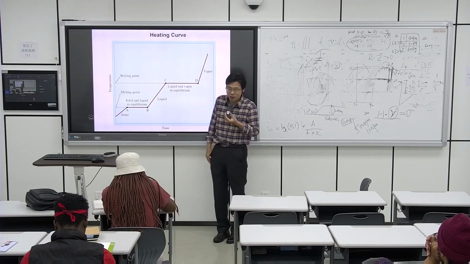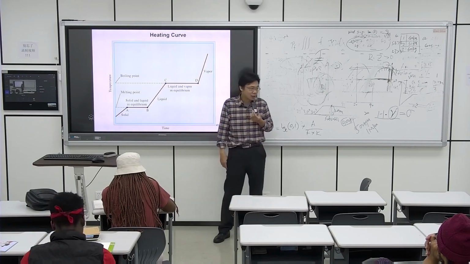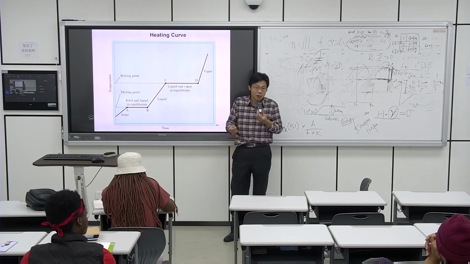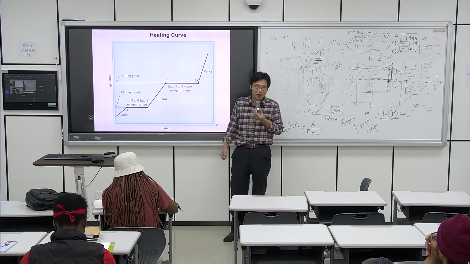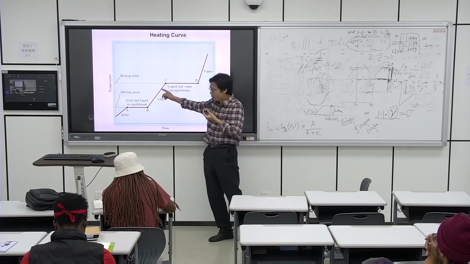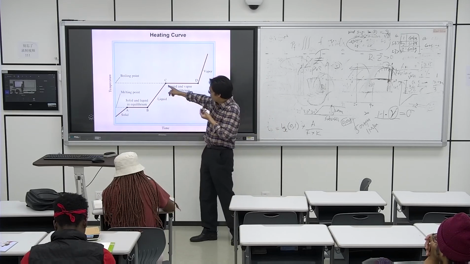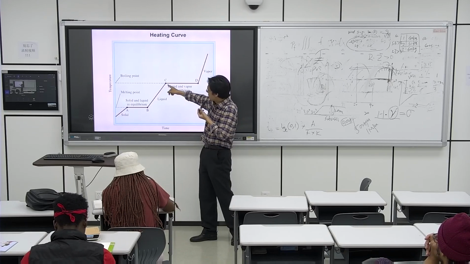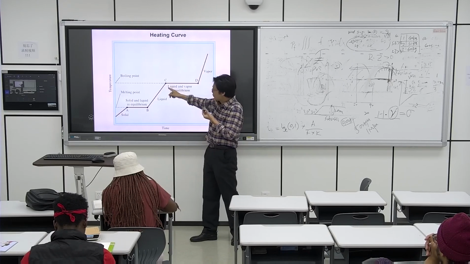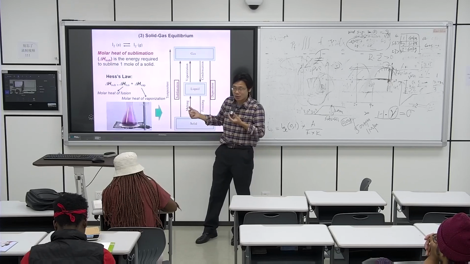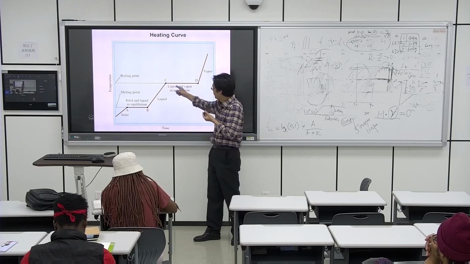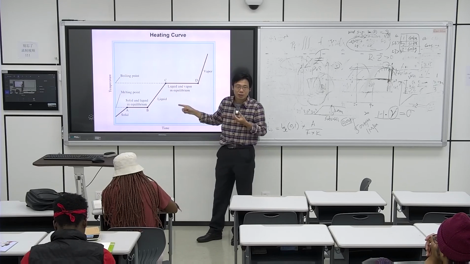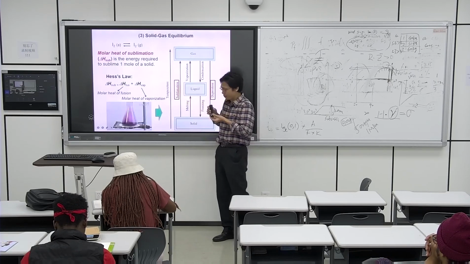What's boiling point? Boiling point means the substance changed from liquid to gas. So from when it starts to change from liquid to gas, during this time, the temperature will also stay the same.